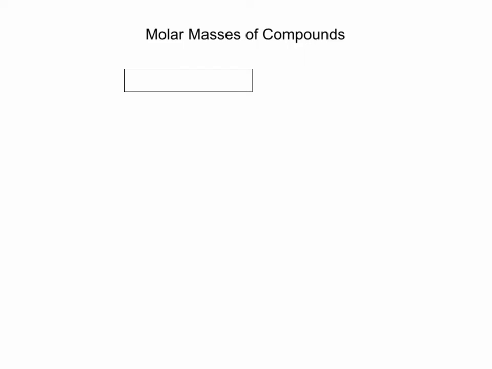Now think back to when I was talking about how many particles are in a mole. What exactly do I mean by particle? In the examples I gave on the previous page, I said that the particles of those elements were atoms. So in 1 mole of an element, I have 6.02 times 10 to the 23rd atoms. But when I was talking about water, I said I had a mole of water molecules, 6.02 times 10 to the 23rd water molecules.